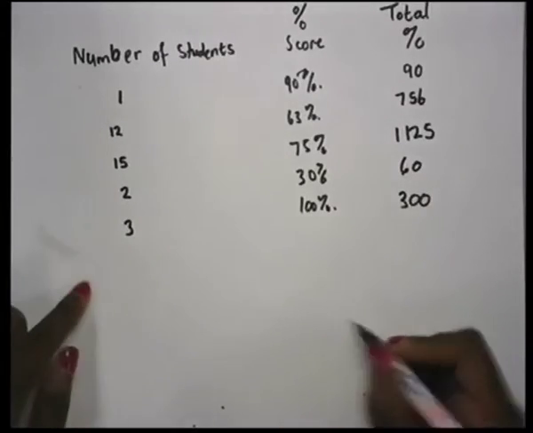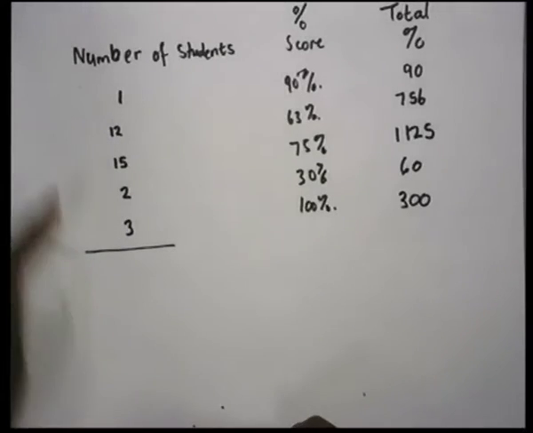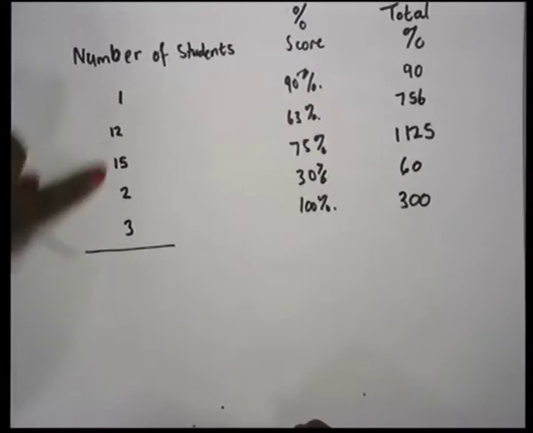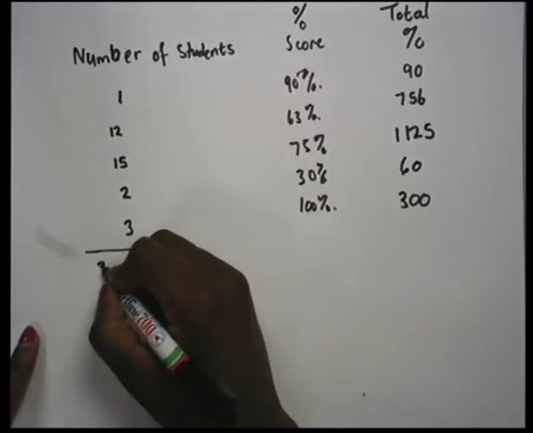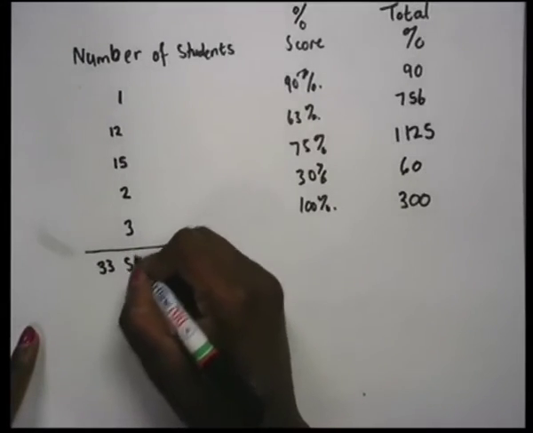The total number of students in the classroom is computed by adding up the number of students here. If we add up the number of students, we'll notice that there are 33 students in the class.